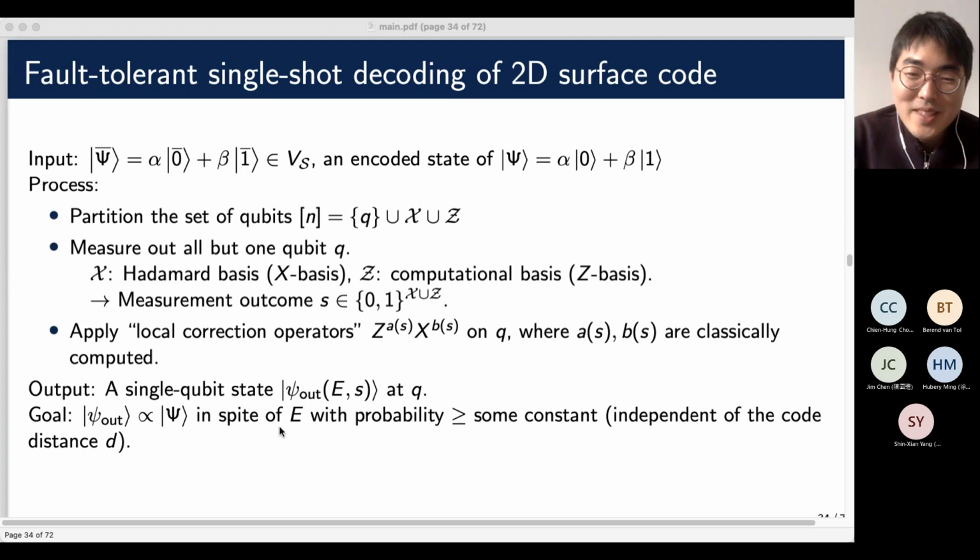And we want this process to be fault tolerant, which means in spite of E, the error, we want this to happen with some constant probability.